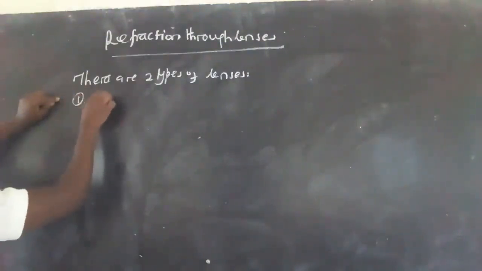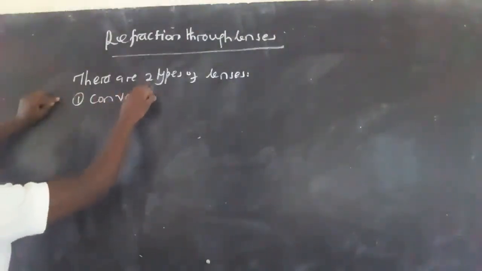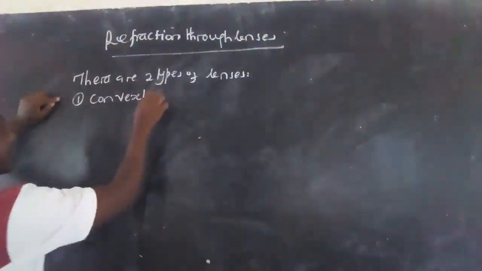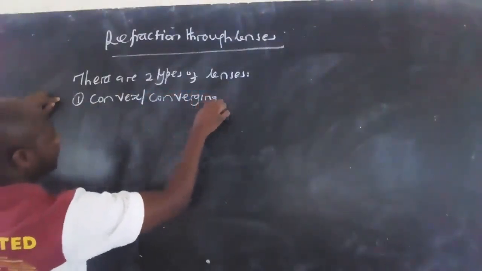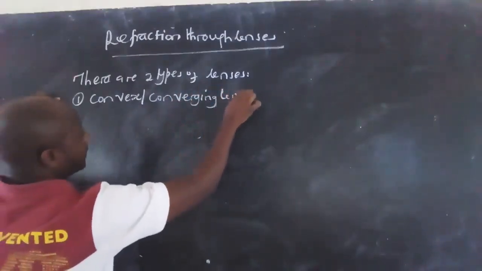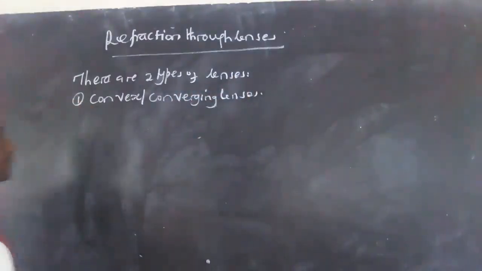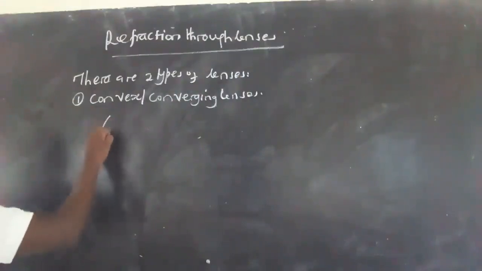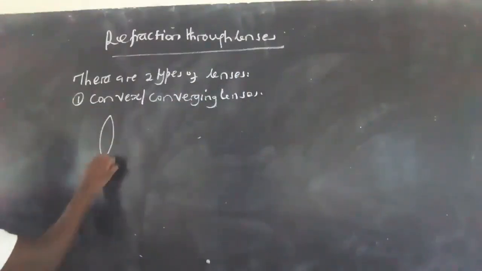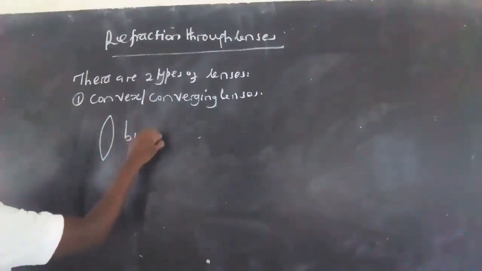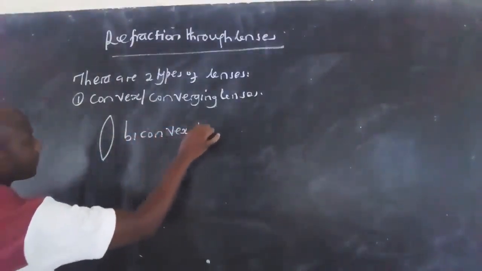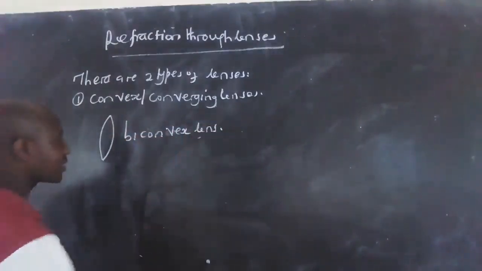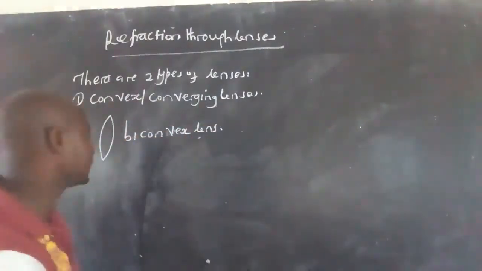One, convex, or converging lenses. So we have this type, this one we shall call biconvex, because it has two surfaces which are curved.